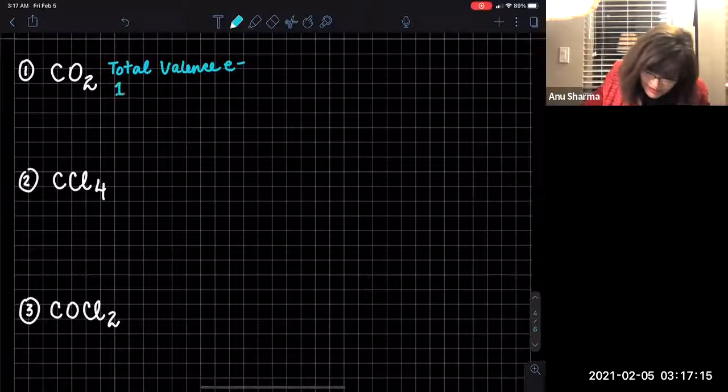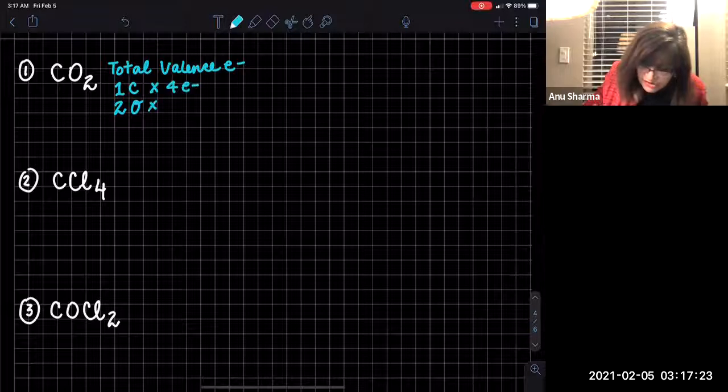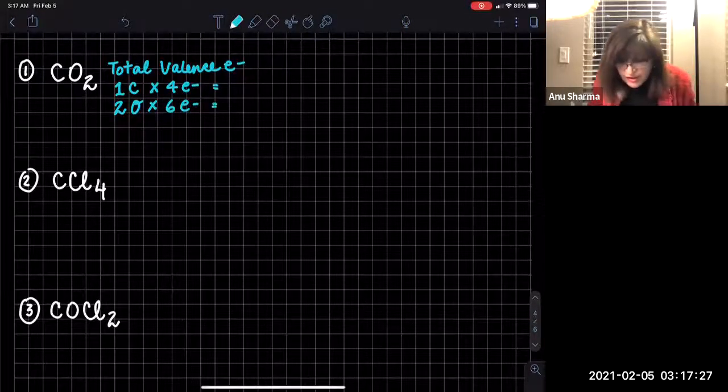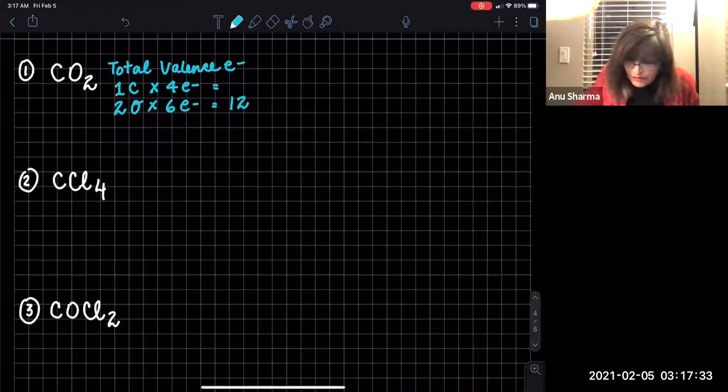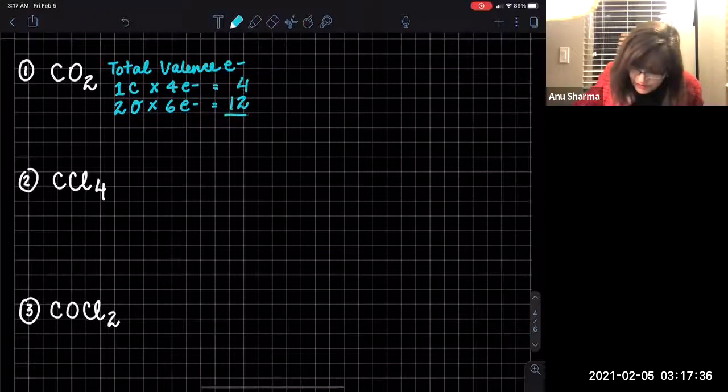There is one carbon here and there are two oxygens here. One carbon has 4 valence electrons and oxygen has 6 valence electrons. So the total is how much? 2 oxygens, 2 sixes are 12, and 4 coming from carbon. So this comes to a total of 16 valence electrons.